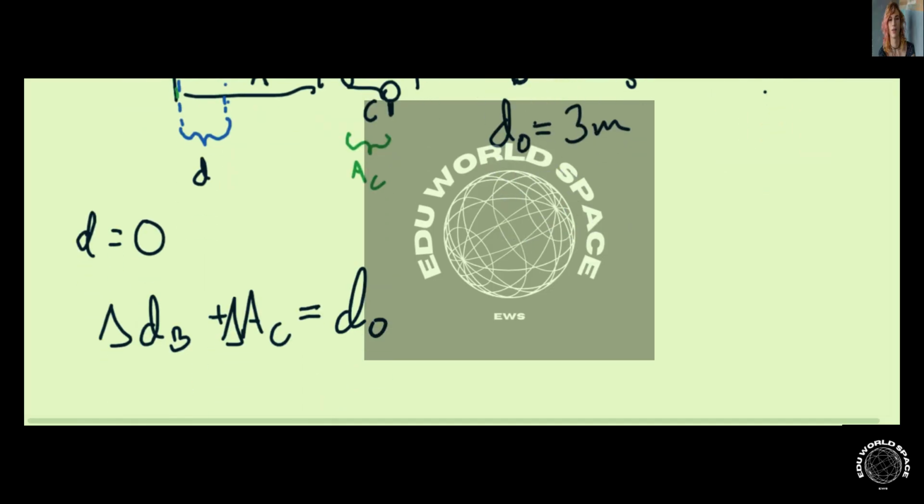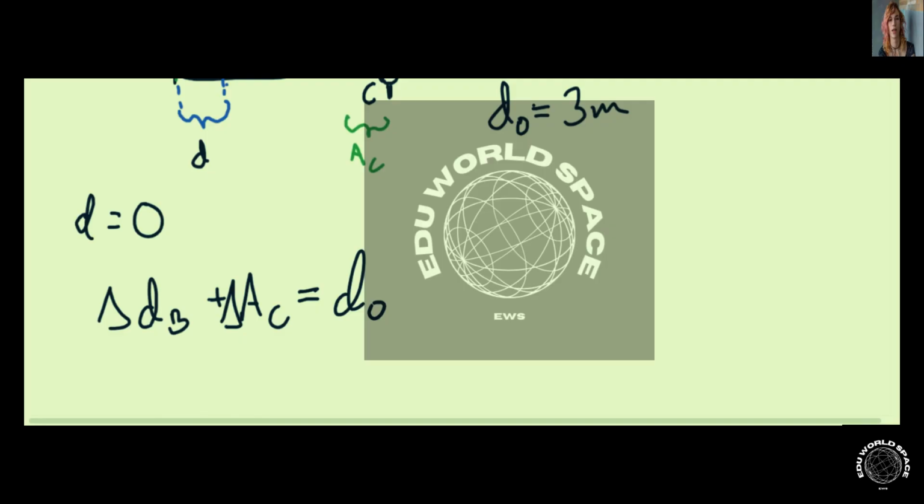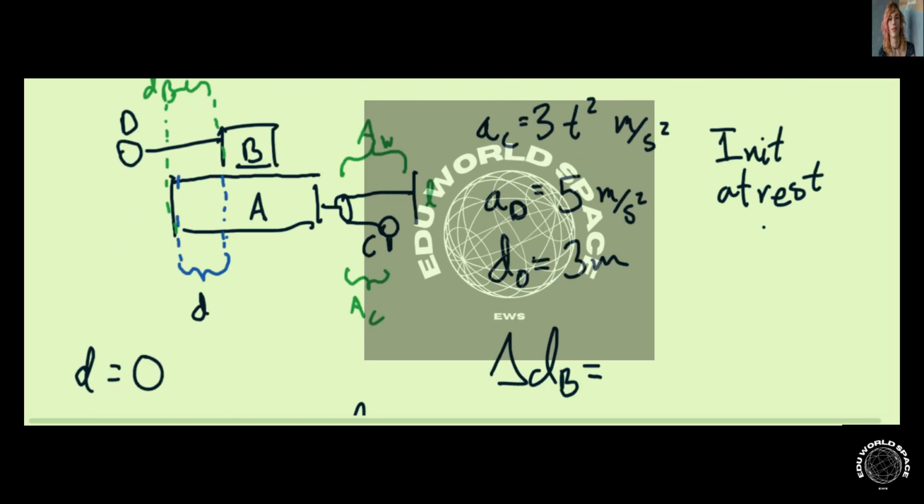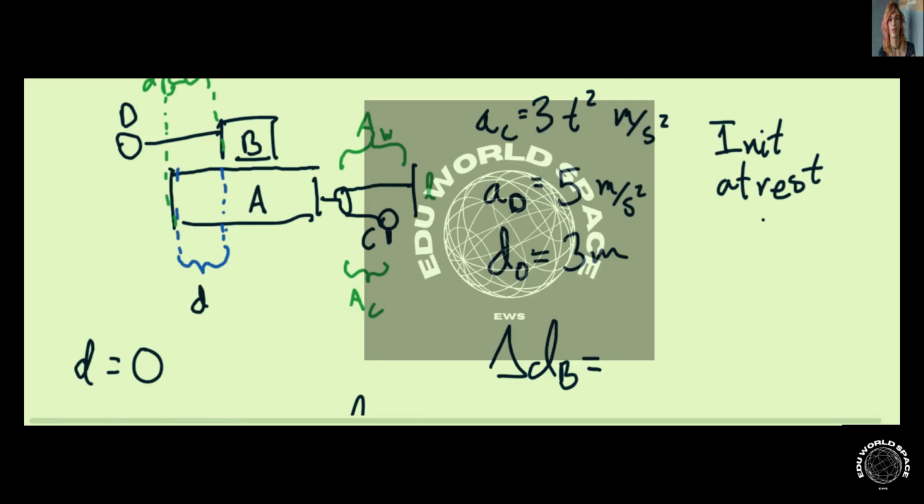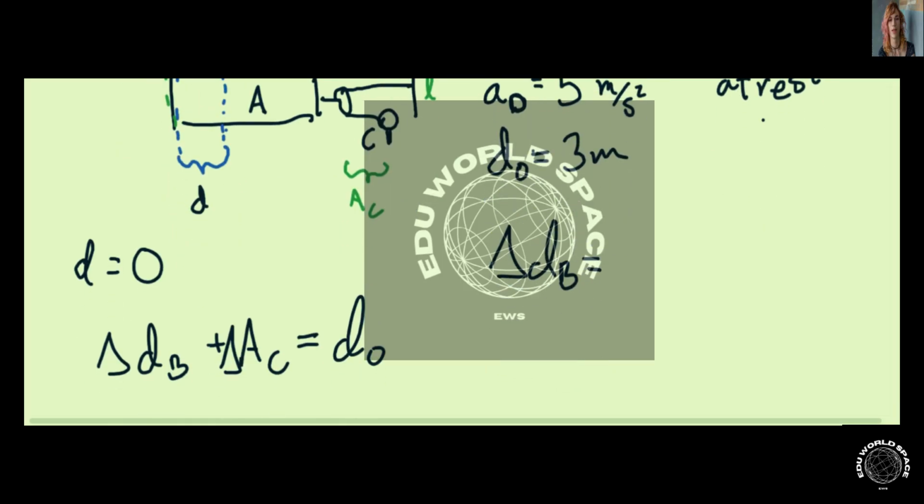So to start with, we can begin by defining some equations for each of these deltas. So delta DB is pretty simple since it's just a block connected to a motor that's pulling its string. It's just going to be the equation for constant acceleration motion since it's constantly accelerating.